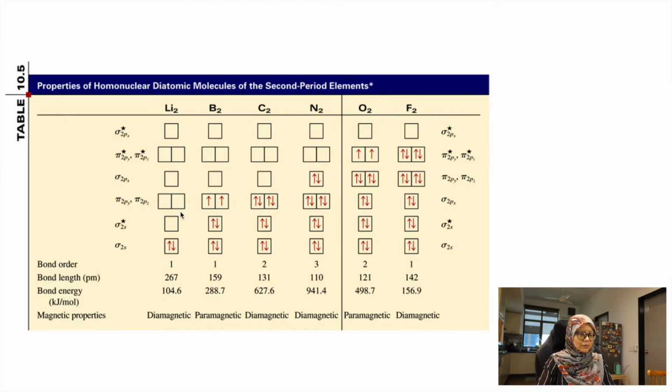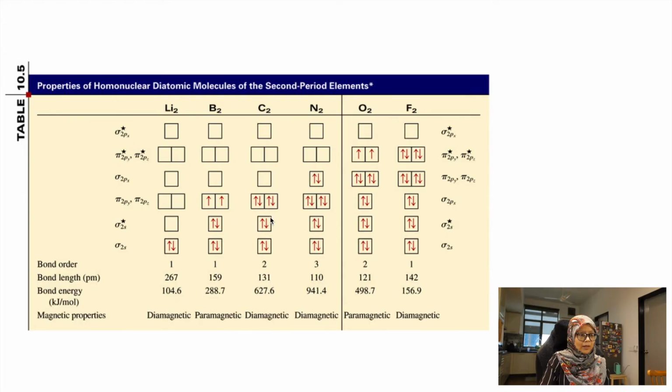This is just a summary of the properties of homonuclear diatomic molecules, and from the molecular orbital diagram you can determine the HOMO and LUMO. For example, for Li2, the HOMO, the highest occupied molecular orbital, is the sigma 2s, while the LUMO, the lowest unoccupied orbital with no electrons at all, is the sigma star 2s.